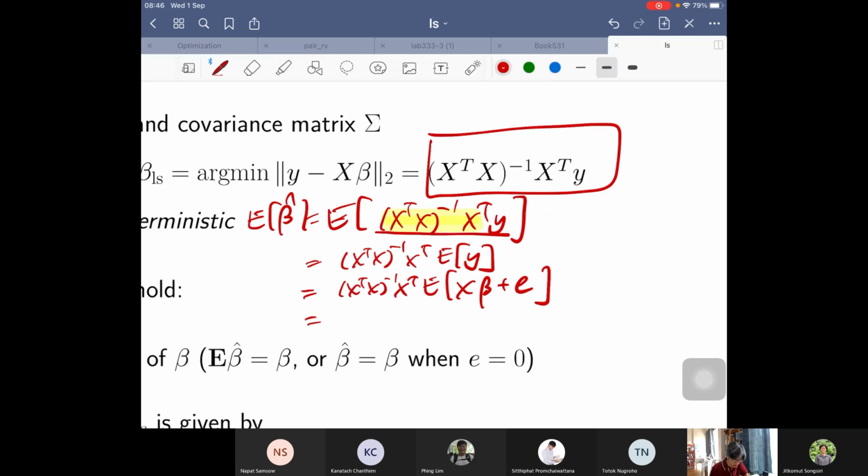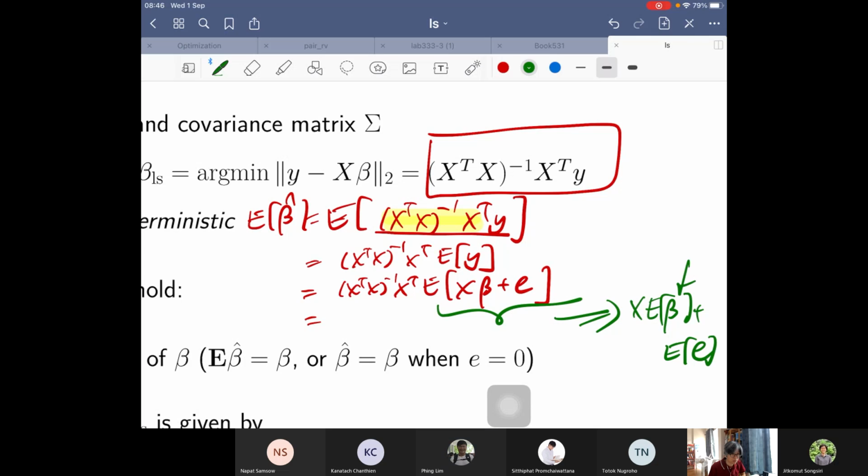Okay, what is the expectation of X beta? Ping, can you characterize this? Expectation of X beta plus E is? Expectation of X beta plus expectation of E.